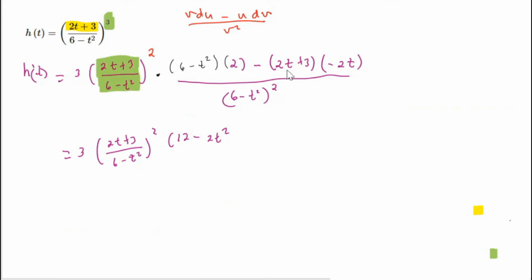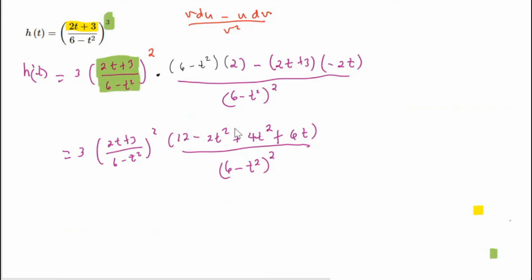Then 2t times negative 2t is negative 4t squared, times negative outside, so it becomes positive 4t squared. And then 3 times negative 2t is negative 6t, times negative outside, it becomes positive 6t, all over the quantity of 6 minus t squared to the power of 2.